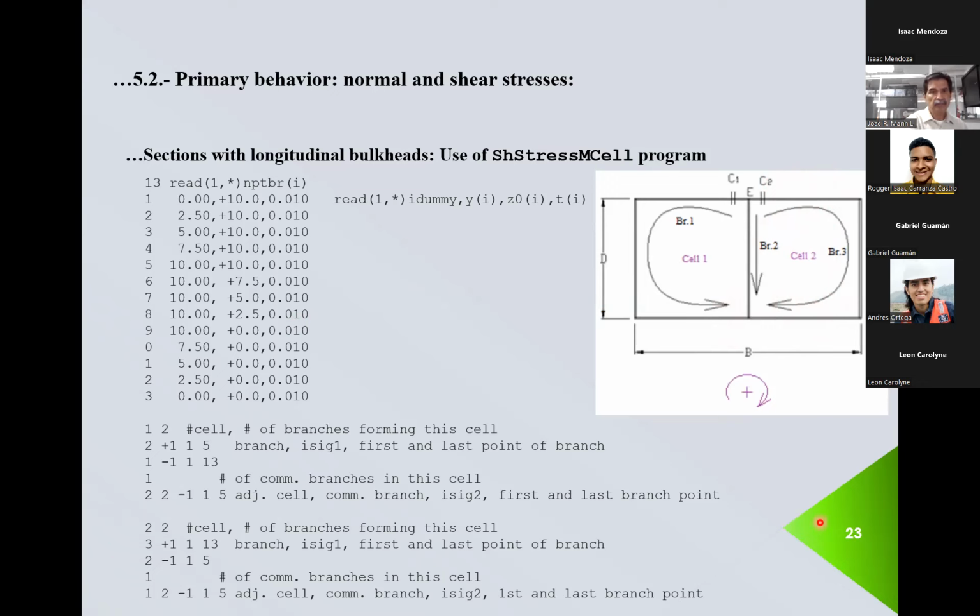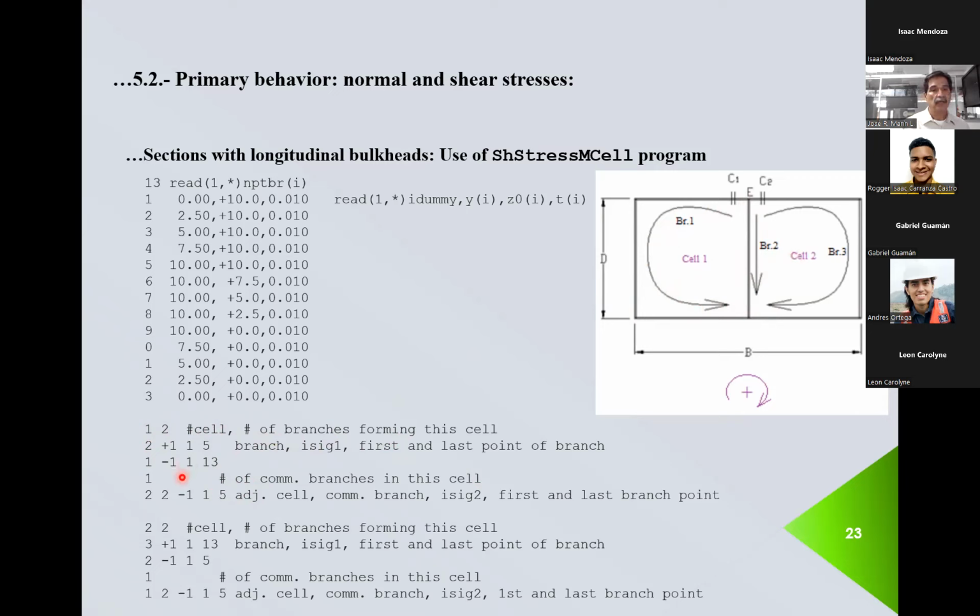And now, here we have the last part of the information. This defines each cell with its branches. This part here, for cell 1, defines the common wall shared between cell 1 and cell 2.